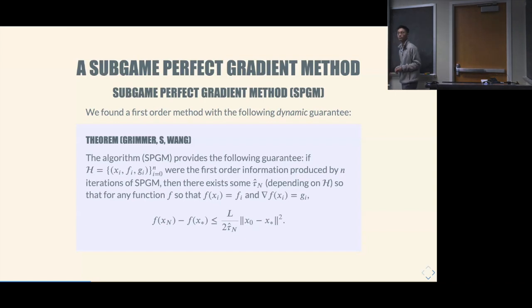Yeah? How does little n relate to capital N? So little n is just some intermediate point, and capital N is the number of iterations this algorithm is going to run. Okay, so capital N represents my horizon, after which my payoff is going to be measured.